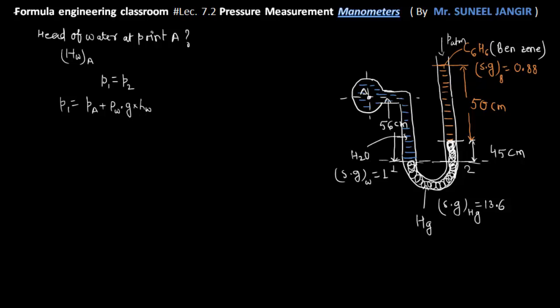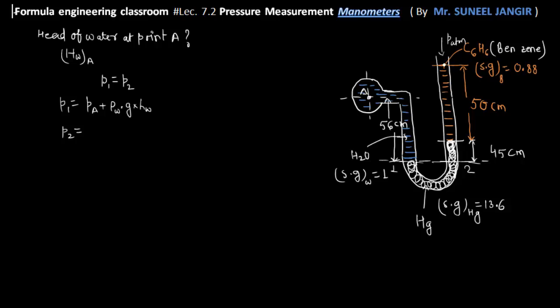Okay, now we will calculate the pressure at the point 2, so P2. We'll start from here, but here you can see this is the atmospheric pressure, and we are only considering the gauge values because at the point A the pressure is gauge pressure. So for us, the atmospheric pressure we are considering as a reference point.